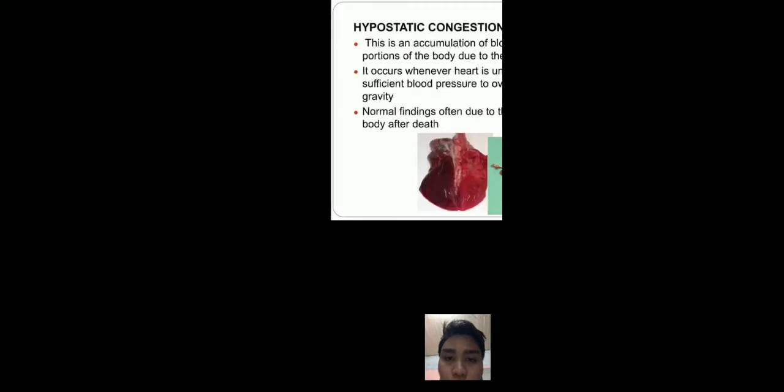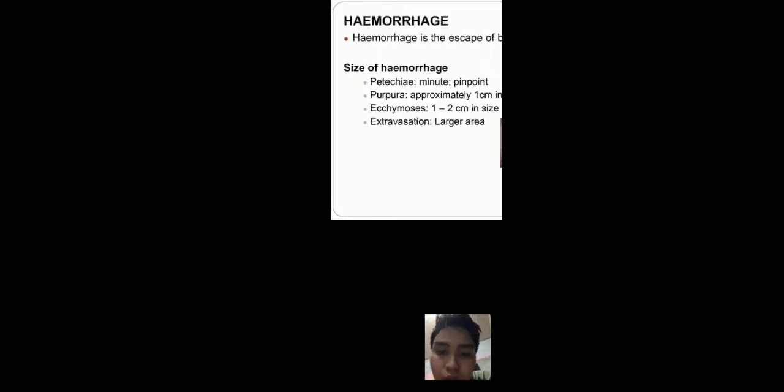Now, hypostatic congestion. This is the accumulation of blood in the ventral portion of the body due to the influence of gravity. Usually, they only find this when the animal died, due to the position of the accumulation of blood.